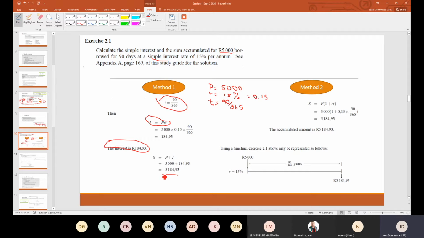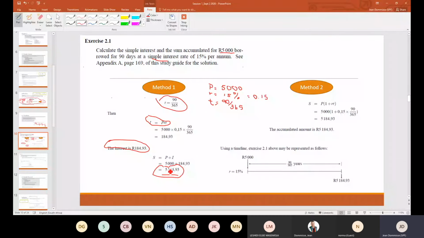So again, there's two methods, because for one, you can use the first formula. Out of that first formula, it will be 5,000 times the 15% times your T, and you will get the 184. You'll add the 184 to the 5,000 to get that final value. So that is your future value.